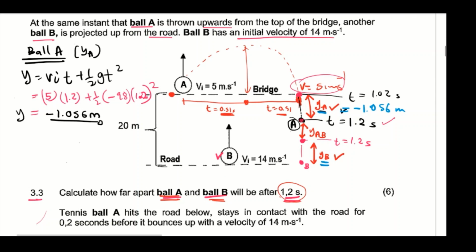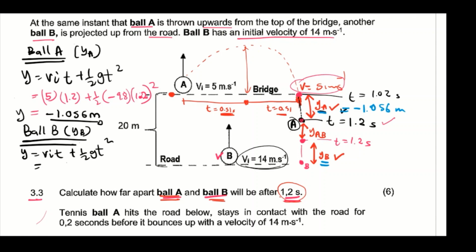Now we want to find y of B, right? So for ball B, y of B, we're going to use the same equation: y equals v initial multiplied by t plus 1/2 g t squared. We'll substitute the initial velocity, which is this one here, 14 meters per second, and then the time is 1.2, plus 1/2 multiplied by g. We know g is going downwards, so it's 9.8, and 1.2 squared.